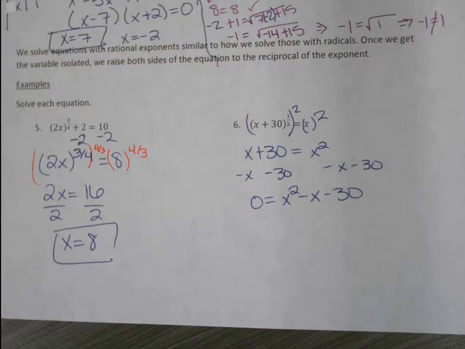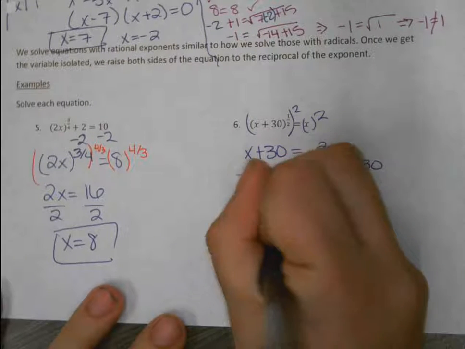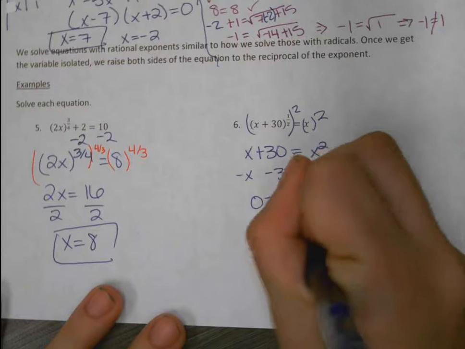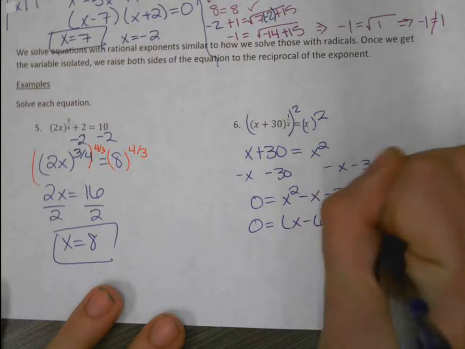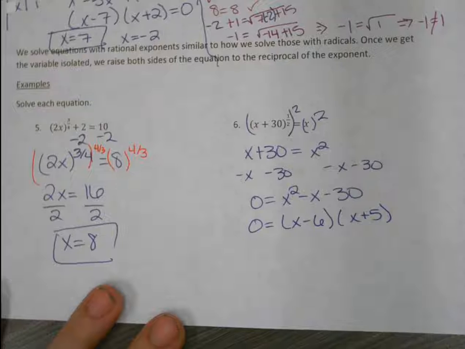Oh yeah, the 30. No. What do I need to do when it's squared? Factor. So it gives me, I heard Enid say it, -6 and +5. You said 5 and -5, Jerry.